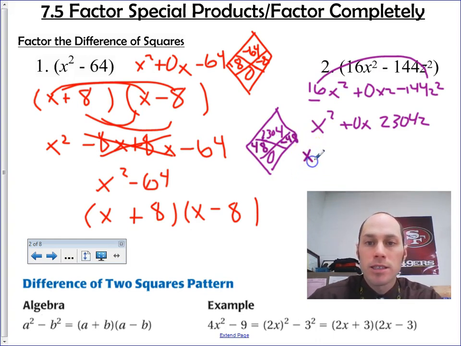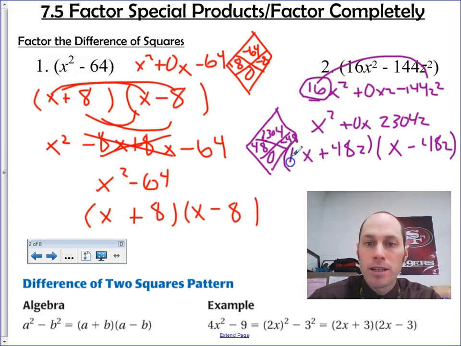So I would have x plus 48, and since it's z squared, I've got to use z in there, and x minus 48z. But since I used the 16, I've got to put it back in using the AC method, and then I've got to divide it out.